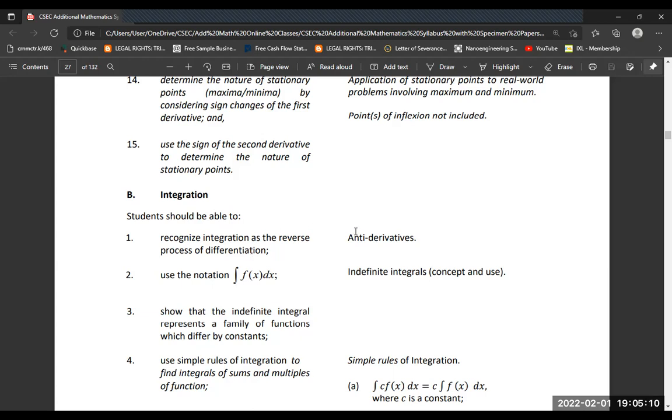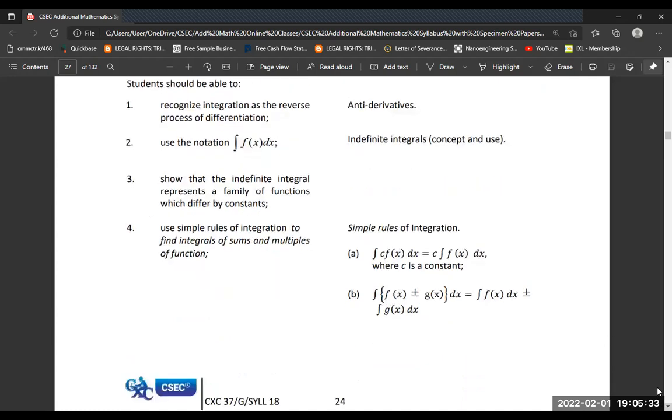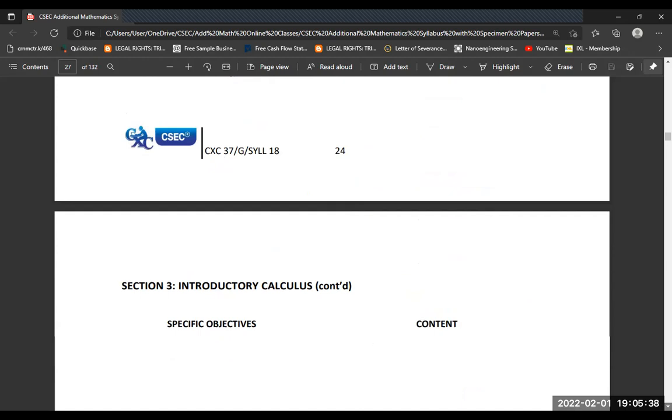So, anti-derivatives, we'll learn about that just now. Using notation, the integral of f of x dx, that's for indefinite integrals, concept and use. Show that the indefinite integral represents a family of functions which differ by constants. Use simple rules of integration to find integrals of sums and multiples of functions. So there's some rules of integration that you need to know. I'll go through all of them.